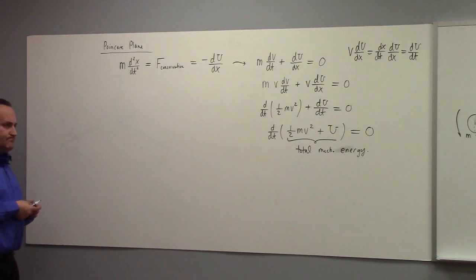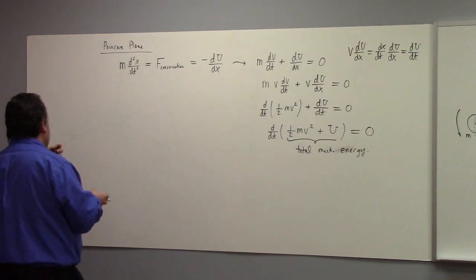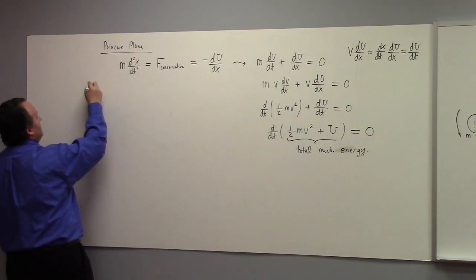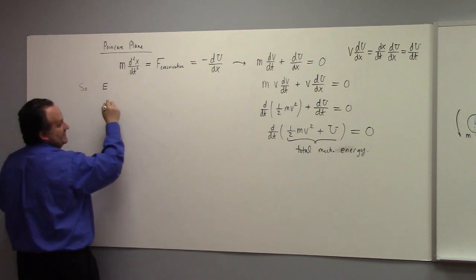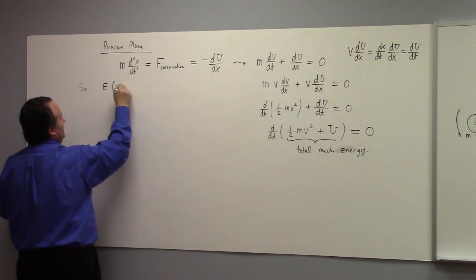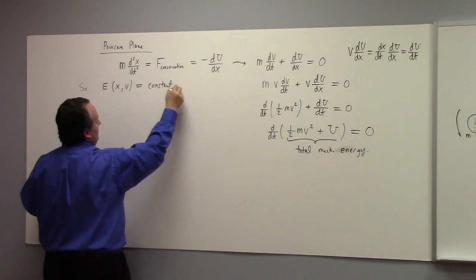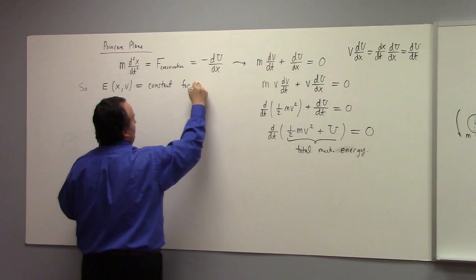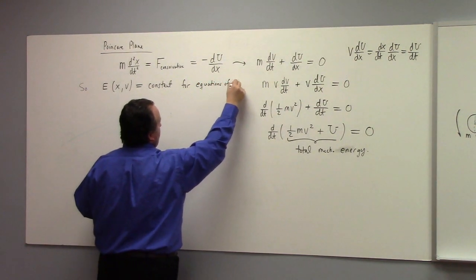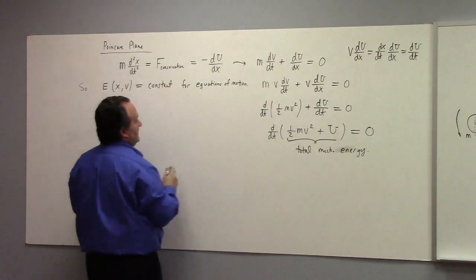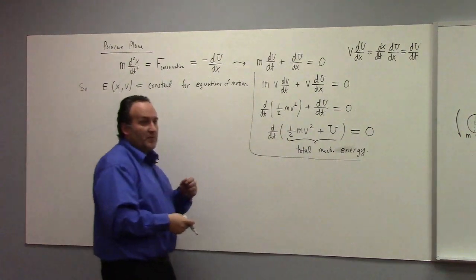So what this means is you can look at the energy as a function of x and v equal to constant for equations of motion. In other words, for a physical trajectory, the energy is conserved.